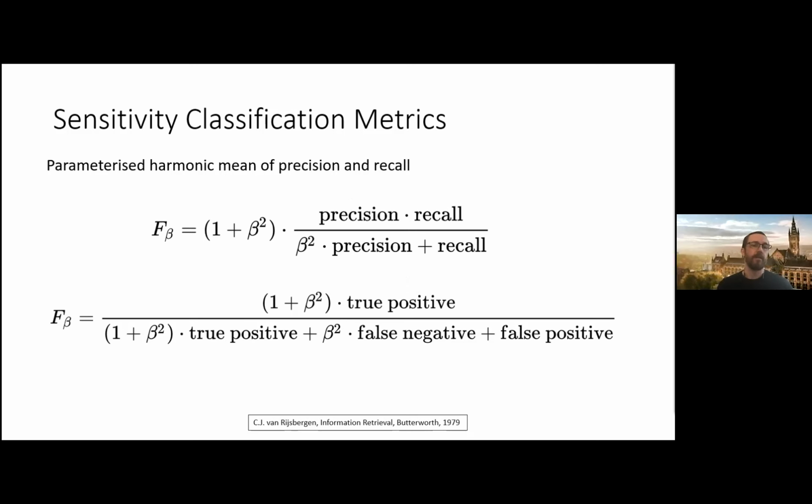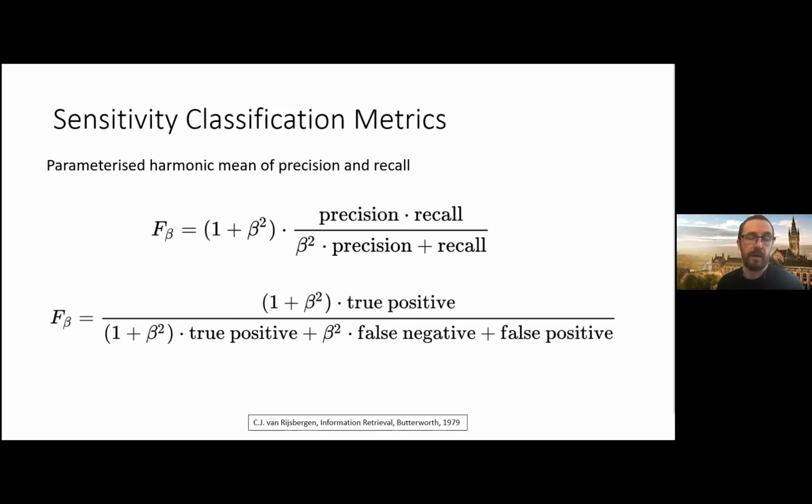Now, importantly, you see here there's a beta parameter. This beta parameter allows you to tune the F measure to evaluate your particular context more appropriately.